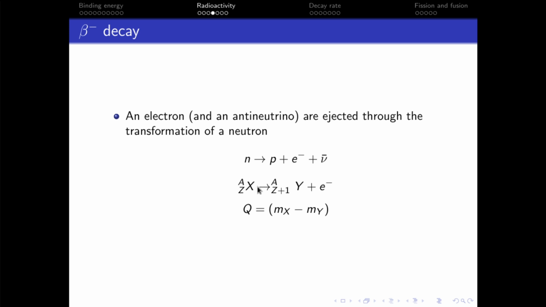So on the left we have Z electrons, and on the right the Z initial ones plus the extra one, for a total of Z plus 1.